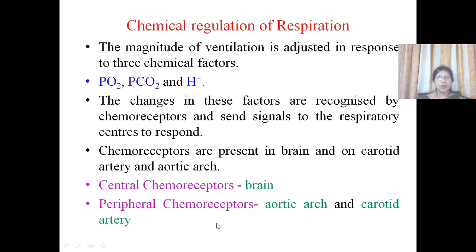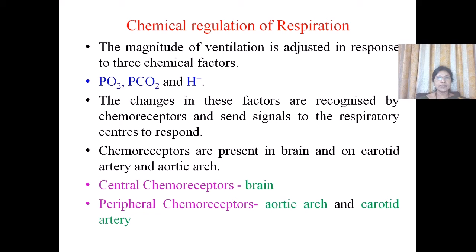Now let us see about chemical regulation of respiration. The magnitude of ventilation, that is breathing, is adjusted in response to three chemical factors. These chemical factors include partial pressure of oxygen, partial pressure of carbon dioxide, and H plus ion concentration. The changes in these factors are recognized by chemoreceptors, and these chemoreceptors send signals to the respiratory centers to respond.